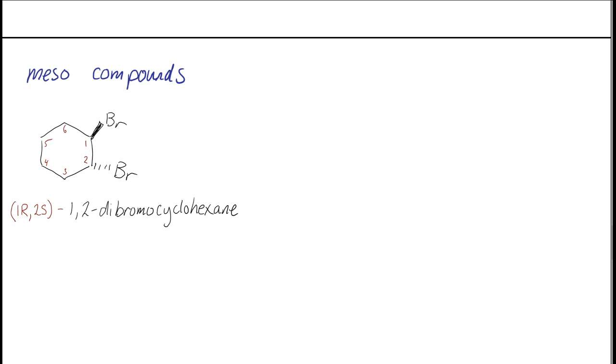That's how we add the stereochemistry to the name, just like we did with the double bonds. You use parentheses, and they go before the numbers, and you still have to put the location numbers in. So we've got 1R, 2S, and now we want to draw its enantiomer, which is 1S, 2R.